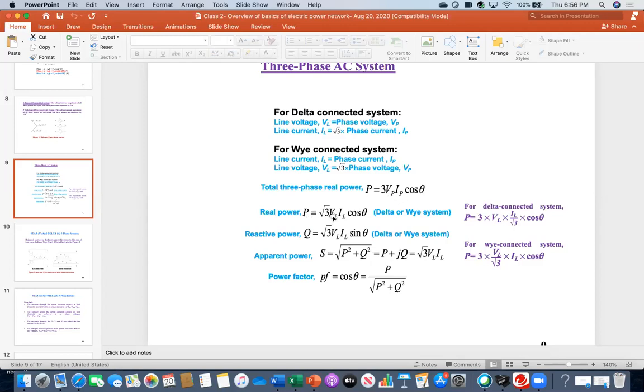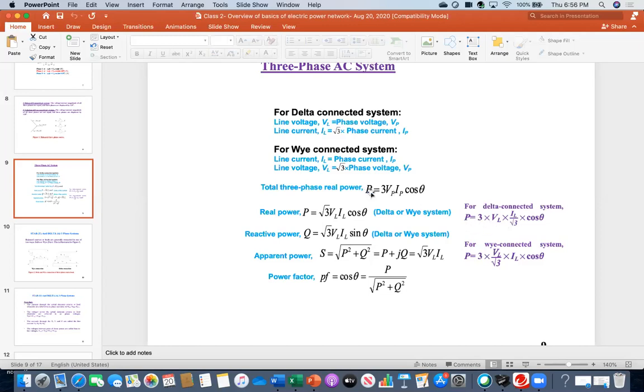That's why in the next two terms, I am converting them into line quantities. See the symbol? Here it is 3 Vp Ip cos theta, but here √3 VL IL cosine theta. So keep in mind, it is not 3, it is √3. Then why is that √3 coming? Look at the right side.